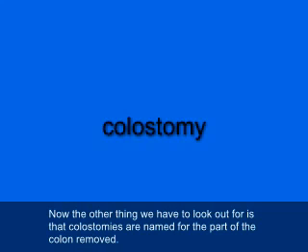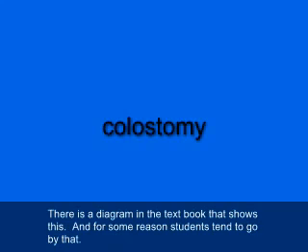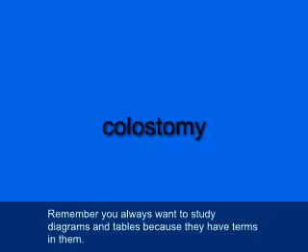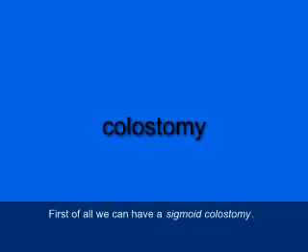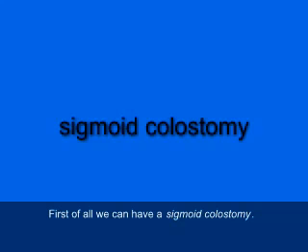Now, the other thing that we have to look out for is that colostomies are named for the part of the colon removed. There's a diagram in the textbook that shows this, and for some reason, students tend to go by that. Remember, you always want to study diagrams and tables because they have terms in them. So I'm going to give you a couple examples here that are there in the book. First of all, we can have a sigmoid colostomy.